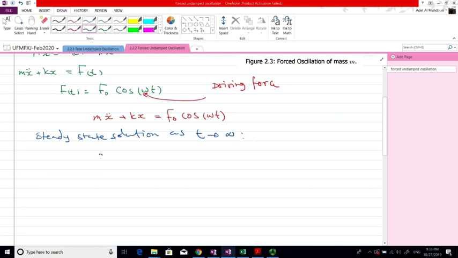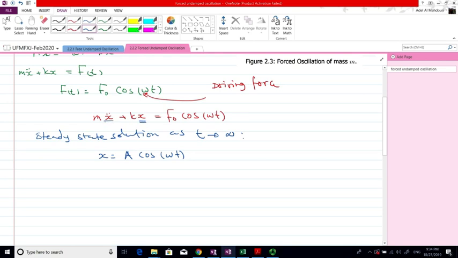So the displacement will be equal to the amplitude A cosine omega t. Alright, we have x in here, so we can substitute this term instead of x in there.